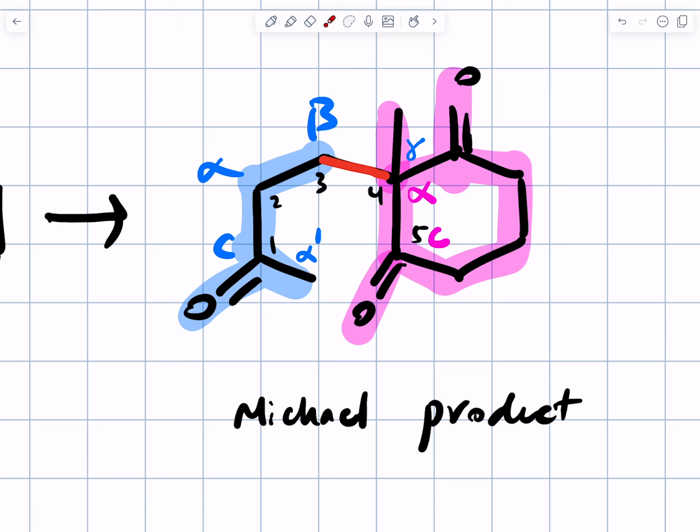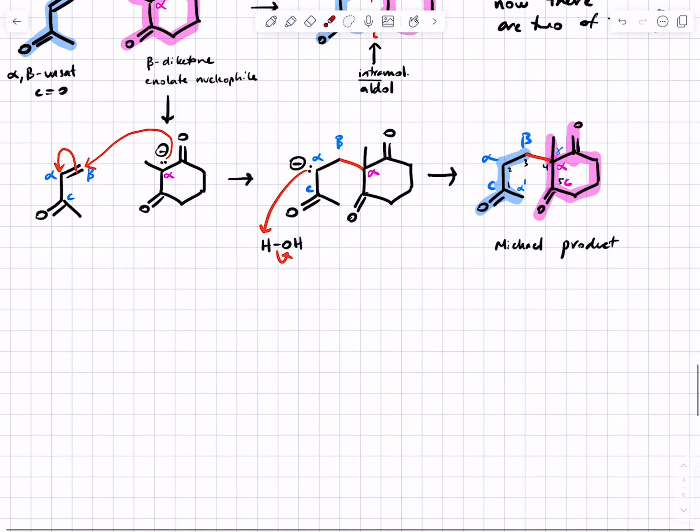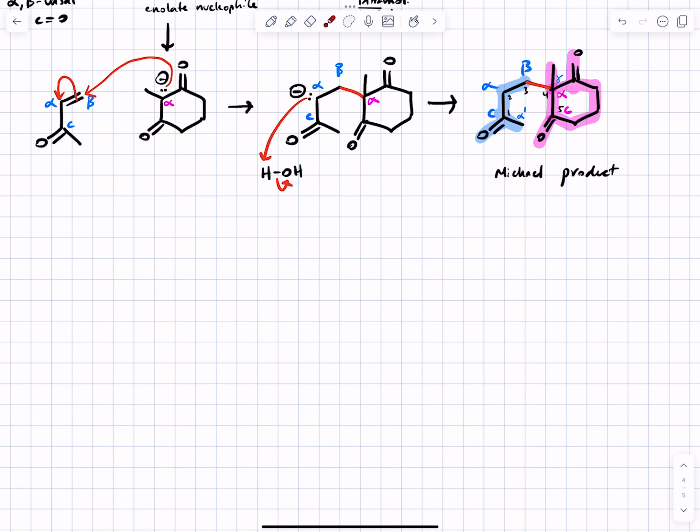We're also not worried about what we might call pink alpha prime attacking the blue carbonyl carbon. In part, even though we haven't considered that, because that doesn't lead to the most stable product. And we haven't totally illustrated that. You may need to just accept that on faith at this point. So that's the Michael product.